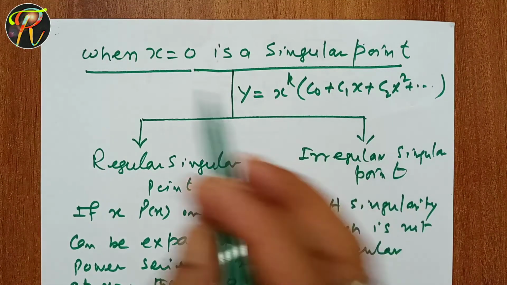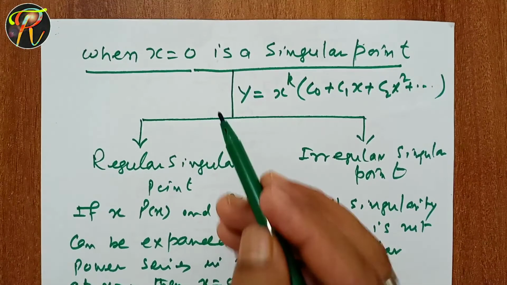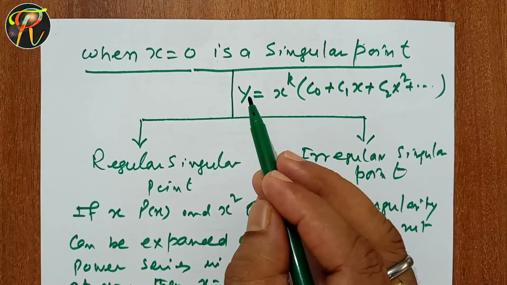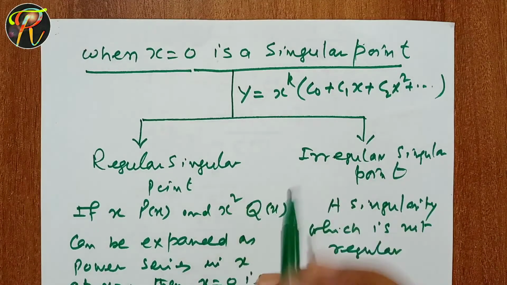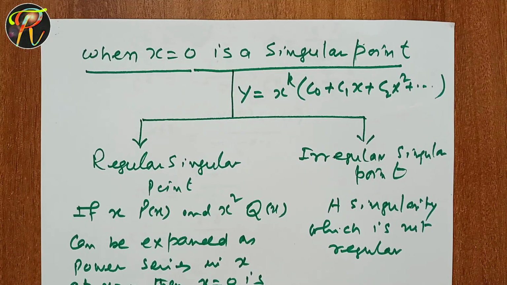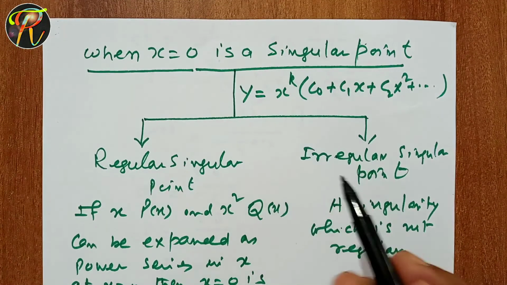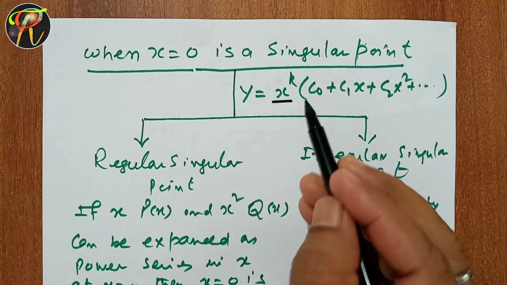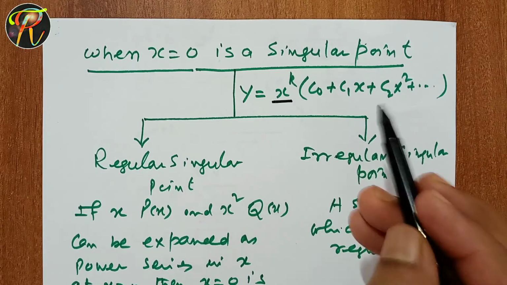When x is equal to 0 is an ordinary point, we take only the series y is equal to the sum of cn xn; we will not take the x to the power k. In the case of a singular point, the difference is that we multiply by x to the power k and then the old series.